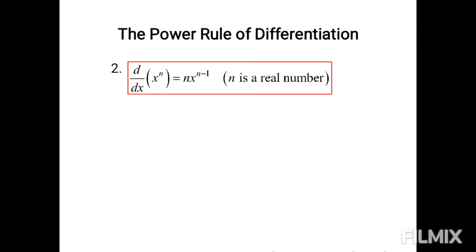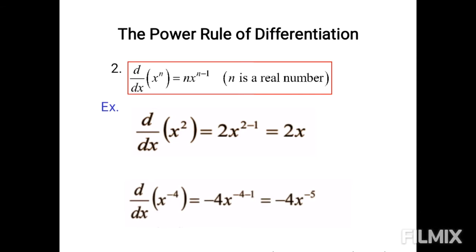Let's see the example for this. Say we need to find the derivative of x squared. We take the power of 2 and multiply it to our base x. That's why we have 2x, and then subtract 1 from the exponent 2. So we have 2 minus 1, and the answer will be 2x. And how about this one?